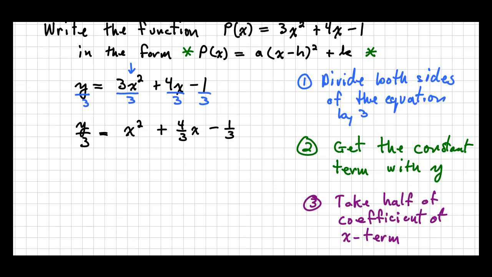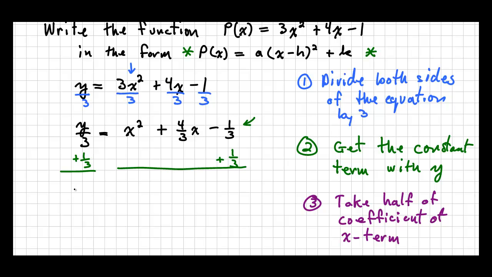The next thing you want to do is get rid of this term here. We don't want that minus 1/3. We want to get rid of the constant term, and the way we get rid of it is we're just going to add it to both sides of the equation. We want it to end up on the left side with the y over 3. So we're going to add 1/3 to both sides of the equation.